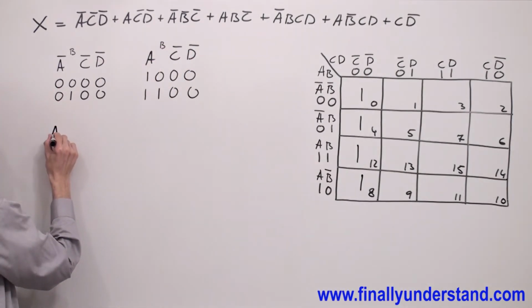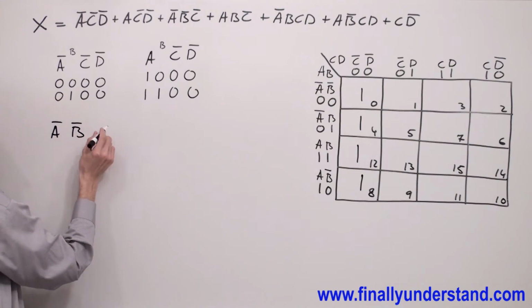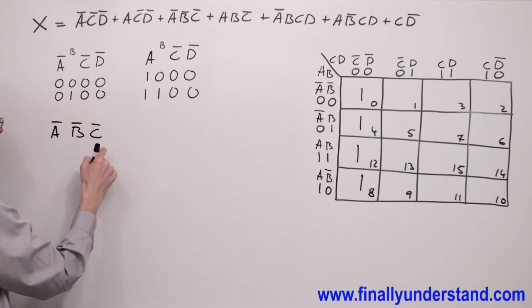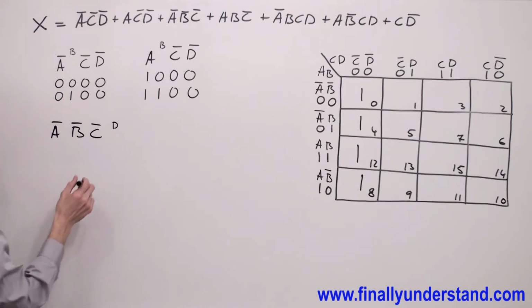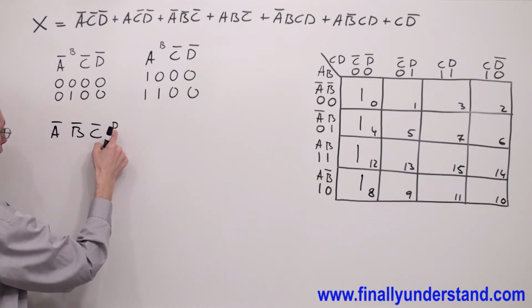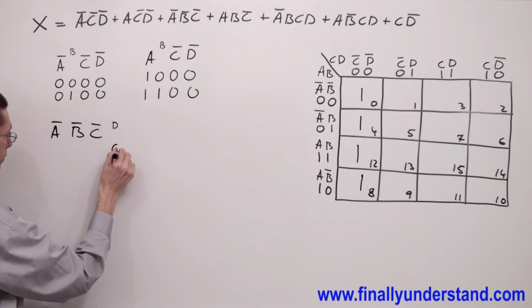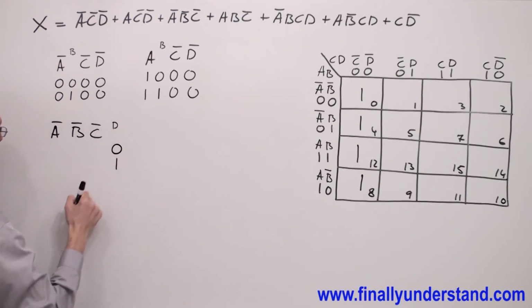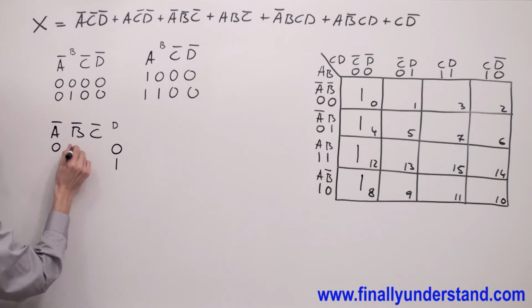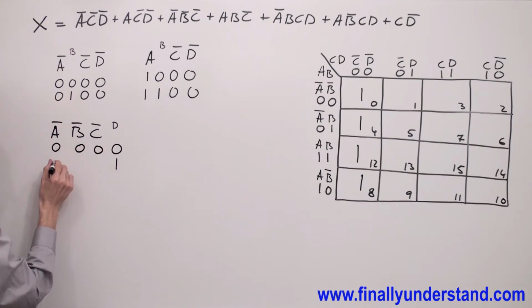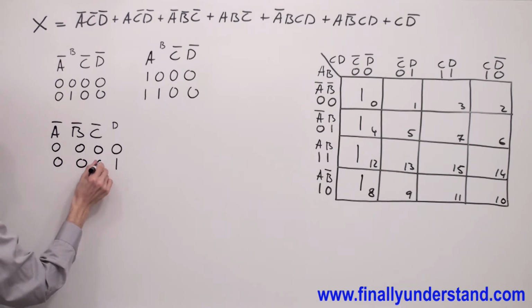I'm missing D. We said that one variable can carry 2 combinations, 0 or 1. Anytime I have a negation bar above the variable, that variable represents 0. That's why I'm going to have 0, 0, 0.